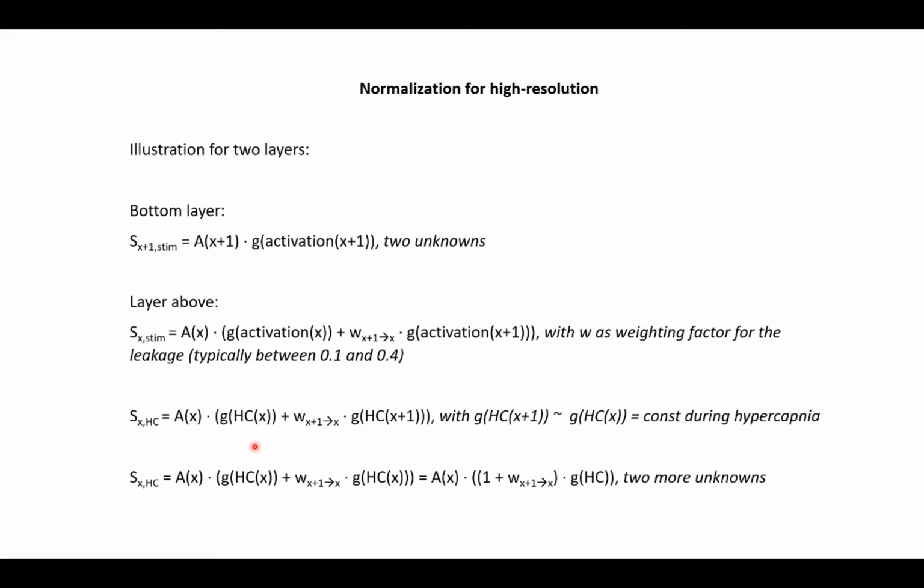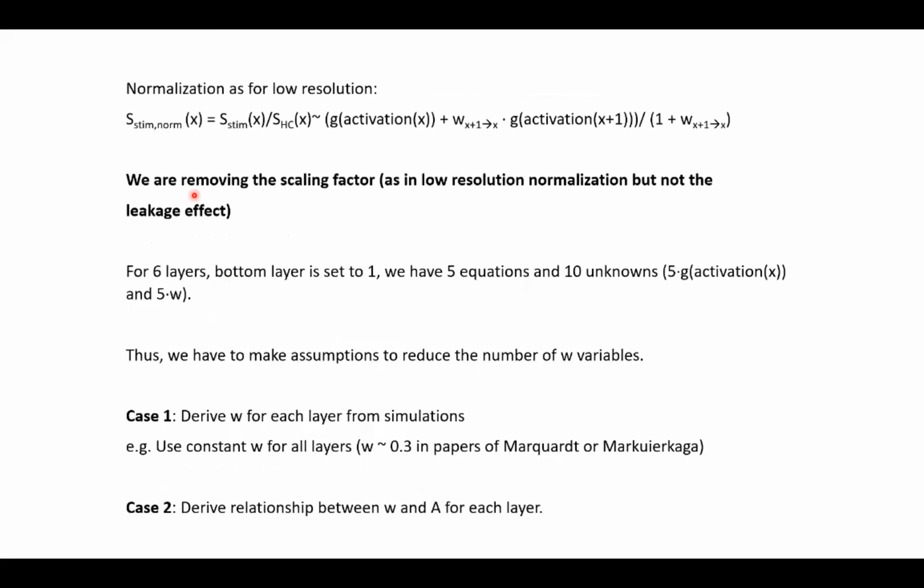If we now write the same thing for hypercapnia, we get another equation, and we assume certain things are constant because there is no activation. So we get another equation. If we now divide the stimulation with the hypercapnia, we don't get rid of the leakage.